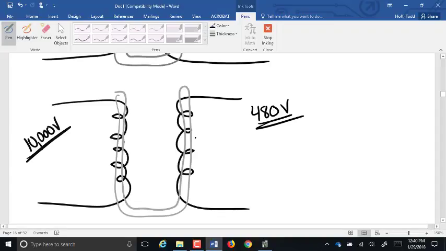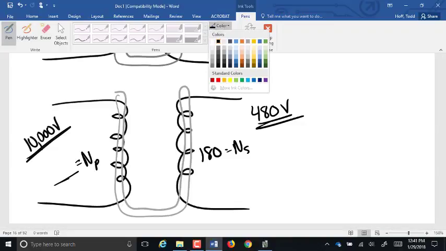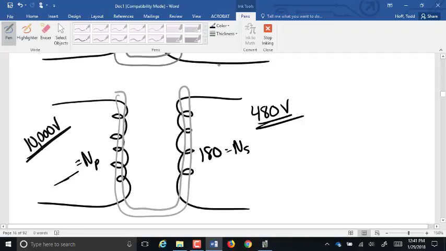But let's say there are 180 turns on the secondary coil here. How many turns need to be on this primary coil? Our transformer ratio is NS over NP, right?